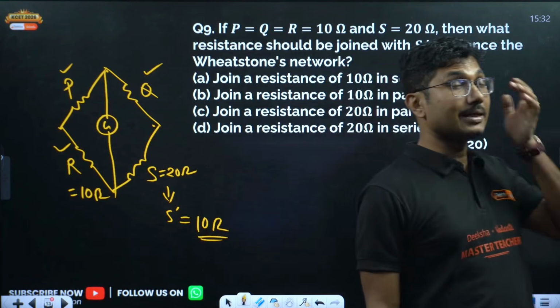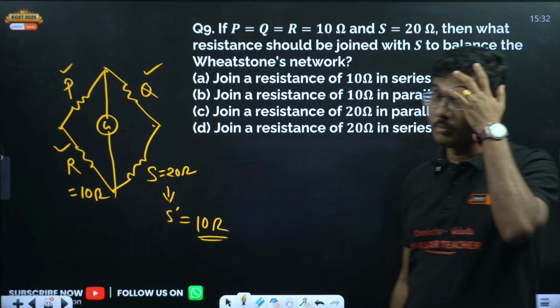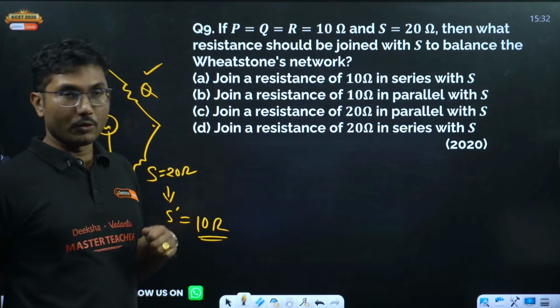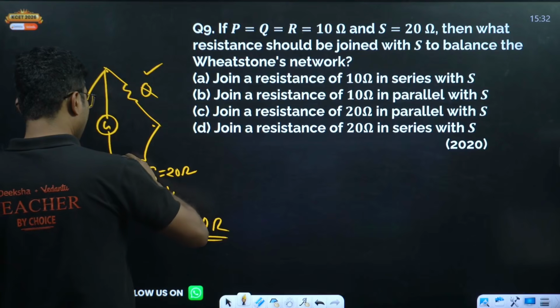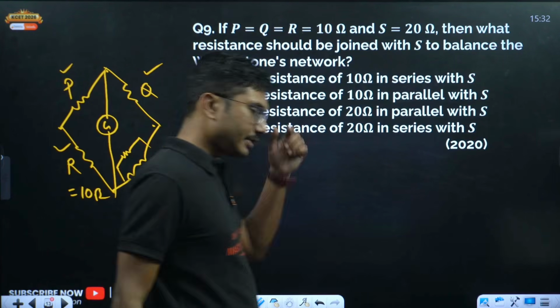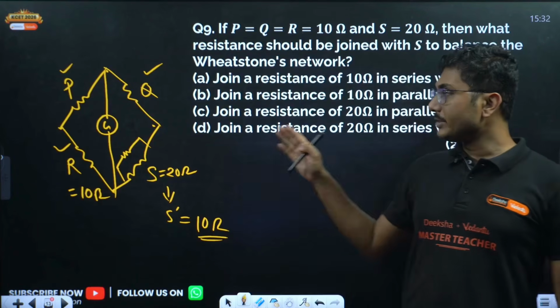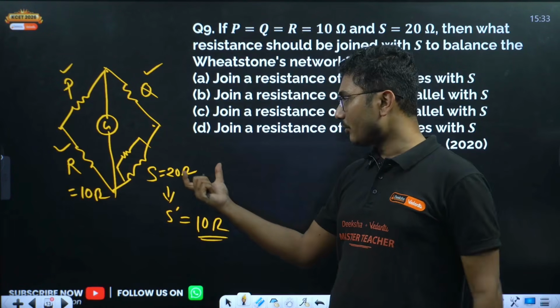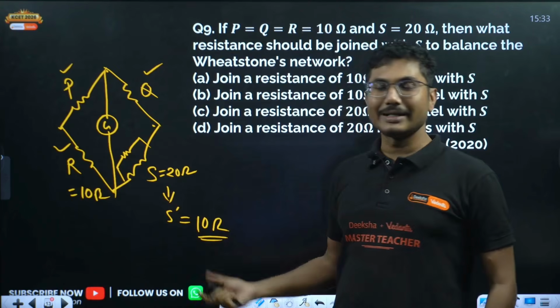Now how can I convert a 20 ohm into a 10 ohm? To convert a resistance of higher value to lower value, we always have to connect a resistance in parallel. Now how much resistance must we connect in parallel so that the resistance becomes half? Here 20 was there and our final result has to be 10.